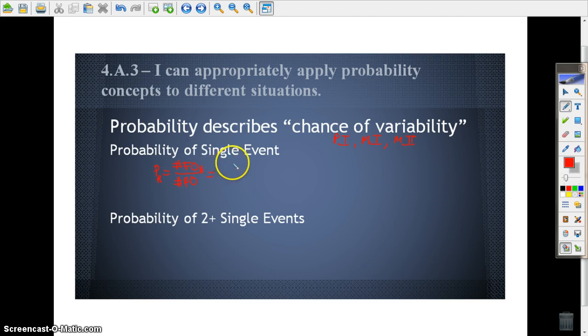Well, we only have one possibility of coming up heads when we flip a single coin. So we put a 1 for the number of favorable outcomes. Well, what are the total number of possible outcomes on that single coin? Well, we have a heads and we have a tails, so that would give us 2 possible outcomes. The probability of getting a heads when we flip a coin is 1/2.